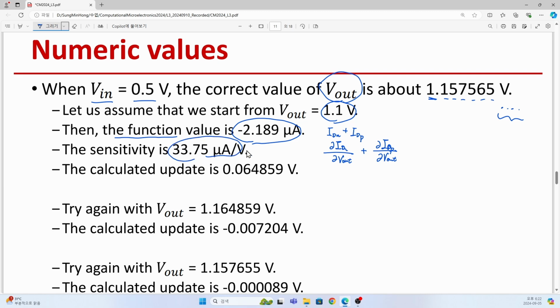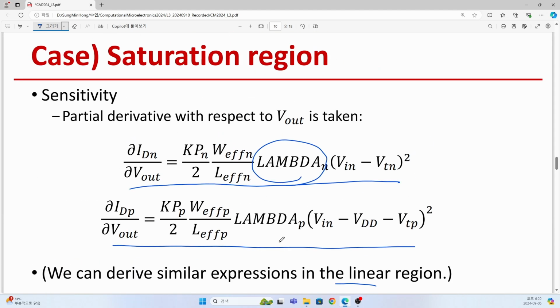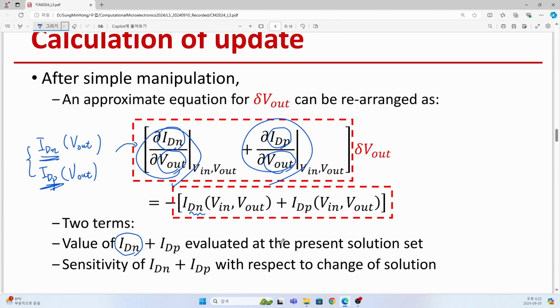So from these two numbers, for example, as shown here, we know the function value. Oh, sorry about that. I made a mistake. Not this one. We know the function value, and this is the sensitivity.